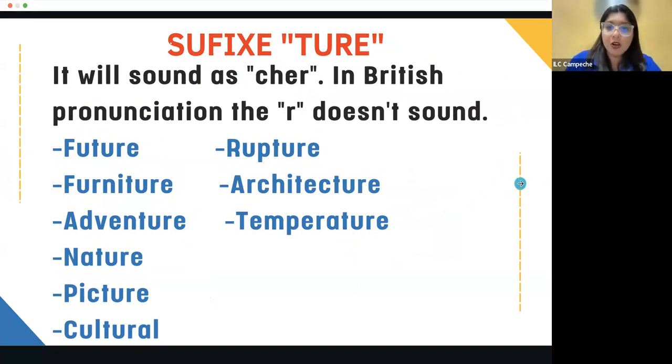Culture will be another one, written exactly the same. And if you want to sound British, you don't say the R. Future, furniture, adventure, nature, picture, rupture, architecture, temperature, culture.